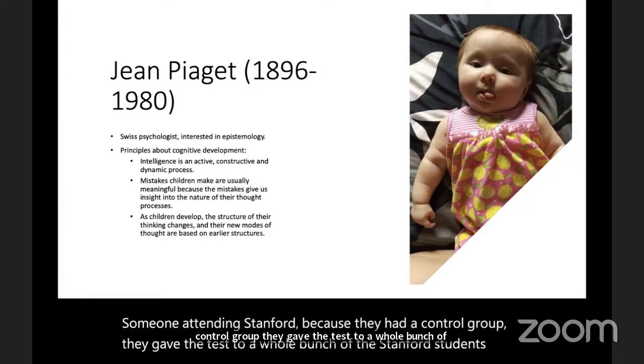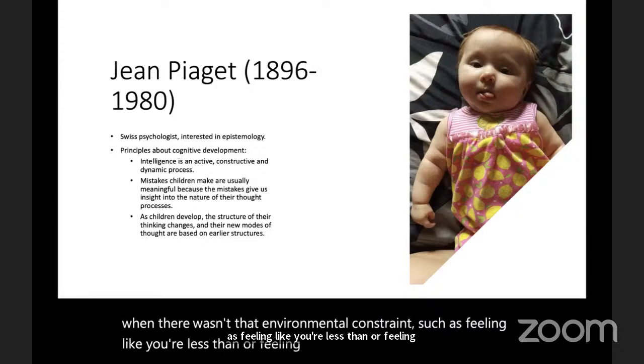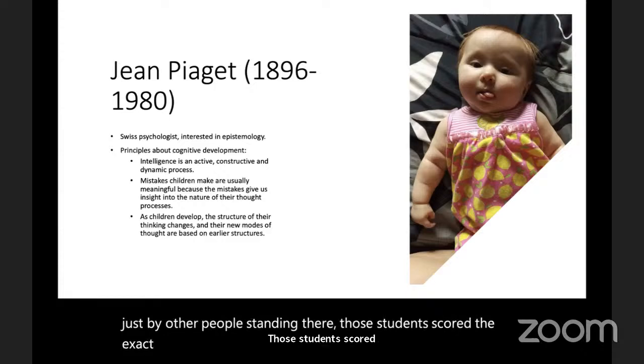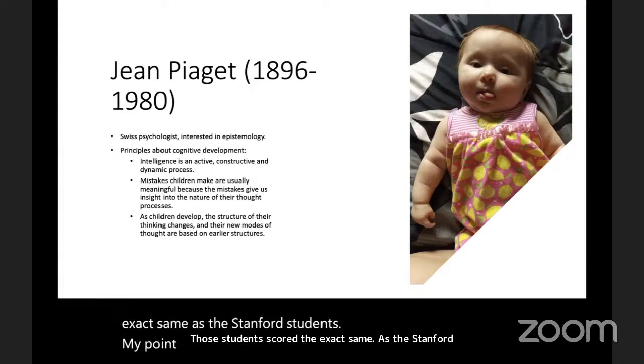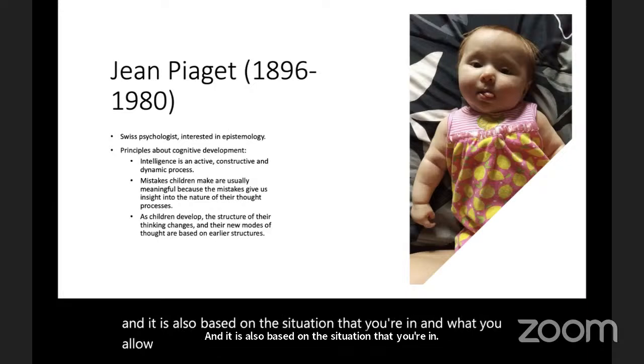But when there wasn't that environmental constraint, such as feeling like you're less than or feeling like you're being prejudiced against just by other people standing there, those students scored the exact same as the Stanford students. My point being is that intelligence is malleable, it's changeable, and it is also based on the situation that you're in and what you allow yourself to be.